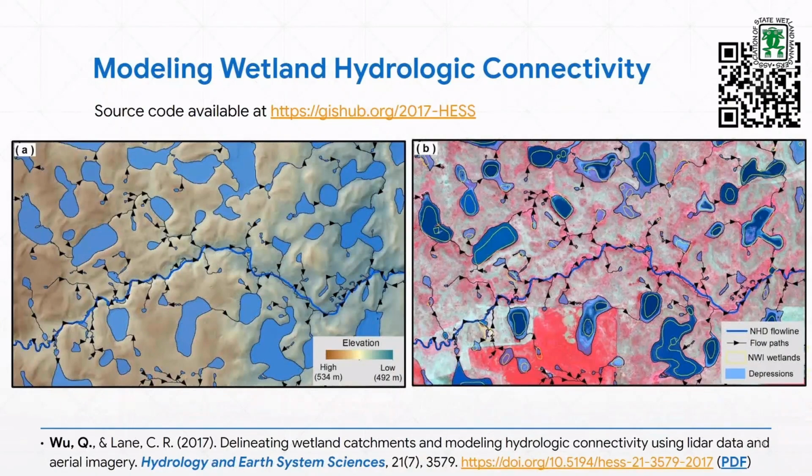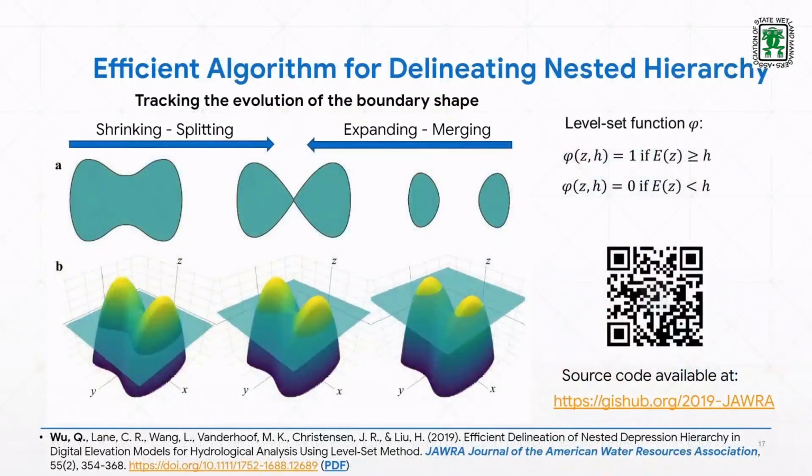The pink color represents moisture where wetlands and vegetation grow. So you can use LiDAR data to map some of those temporary connectivity that will not be mapped in the NHD data set.